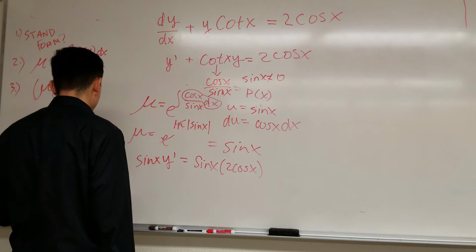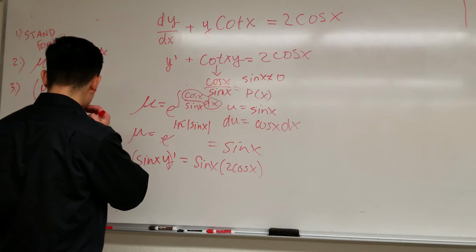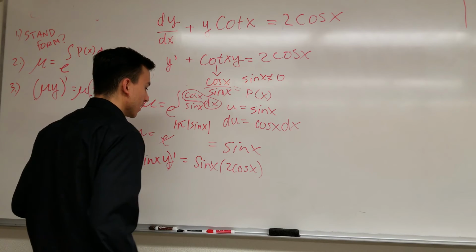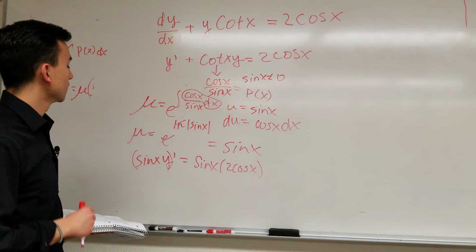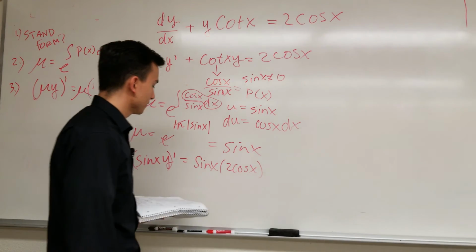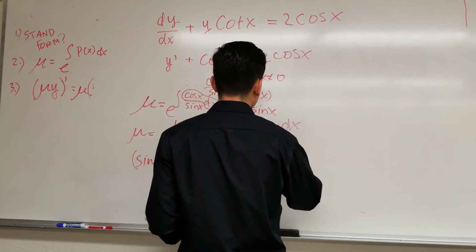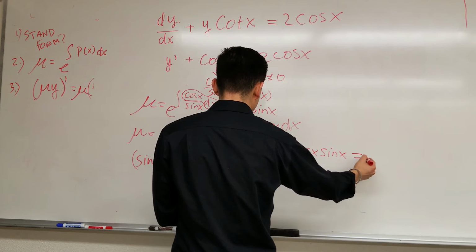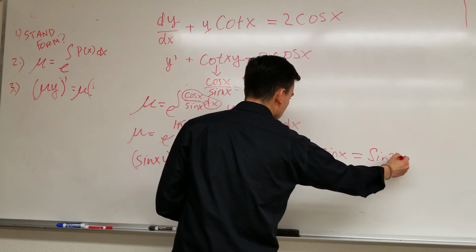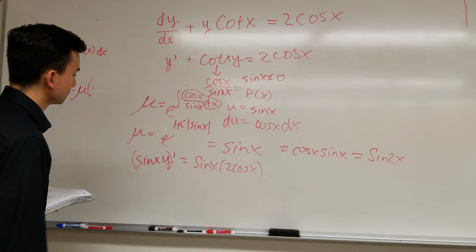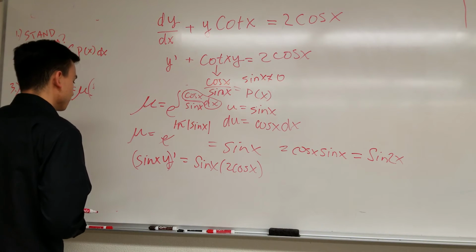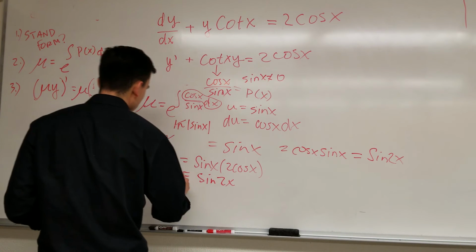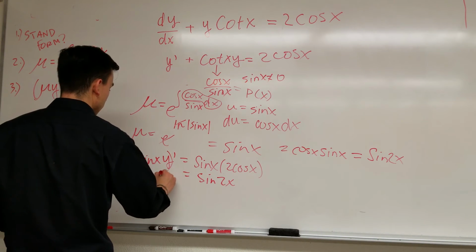However, I'm going to look at this side right here. This is a good example because it gives us a trig identity. If we recall the trig identity, 2 cosine x sine x, we can write as sine of 2x. So great, that's way easier to integrate. Sine of 2x equal to sine x y prime.